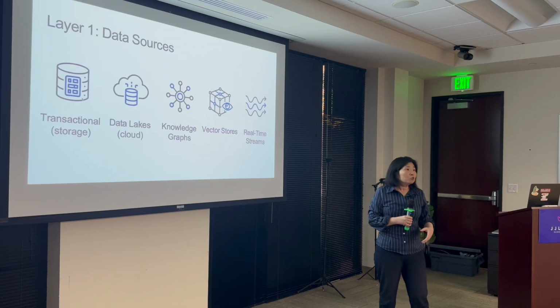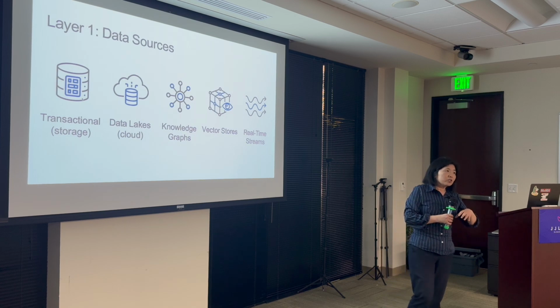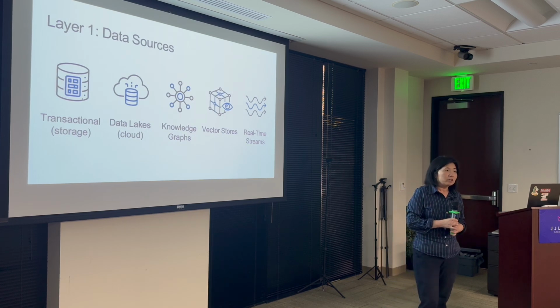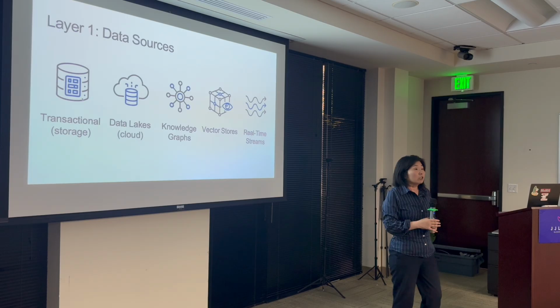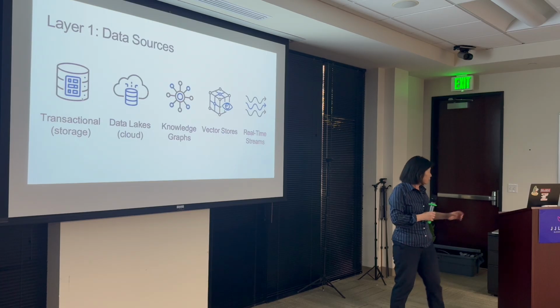We have a vector store that creates embeddings so that you can access text data much faster, or even image data, in an embedding form for a large language model to consume. Finally, there's a lot of real-time event data, more like data stream data.